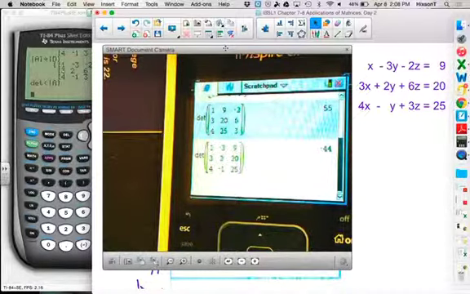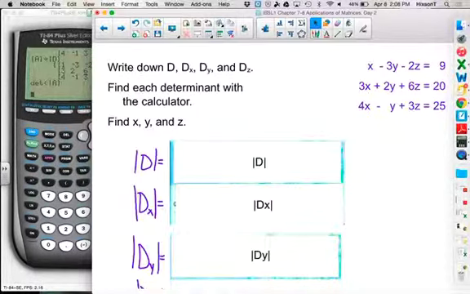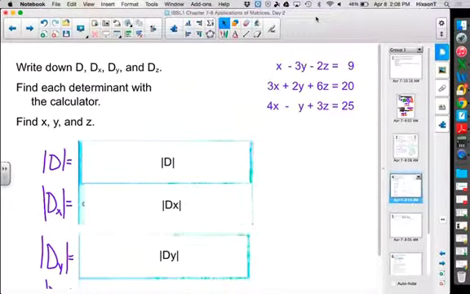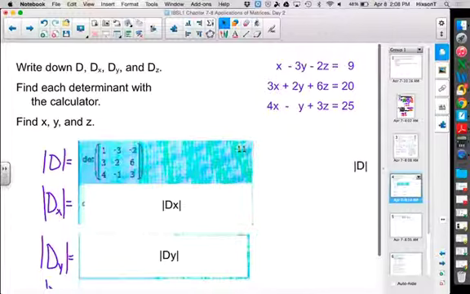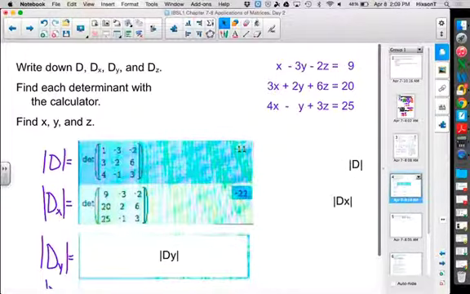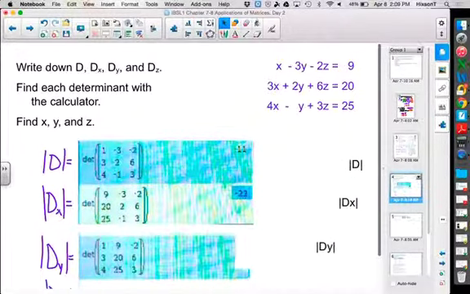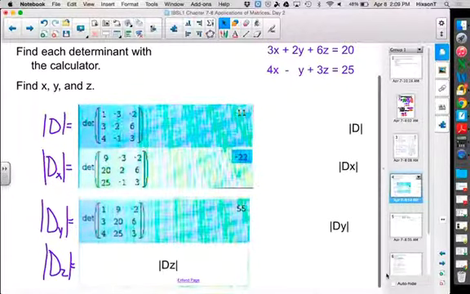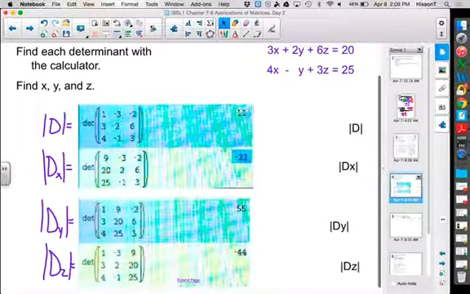You learn how to use the tools that you have available. So that's how you will do it using the calculator. This is what it looks like when you're all done. Those are your matrices and the determinants. Sorry, they're lousy images, but that's the best it can do.